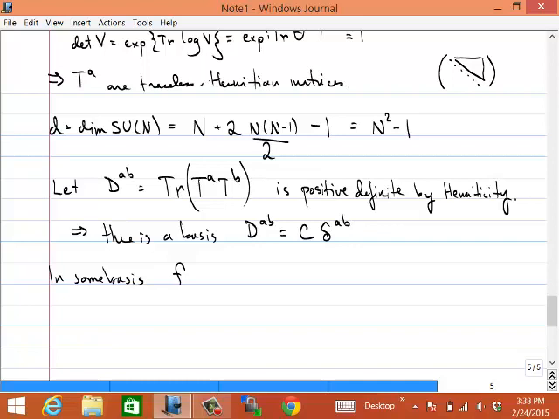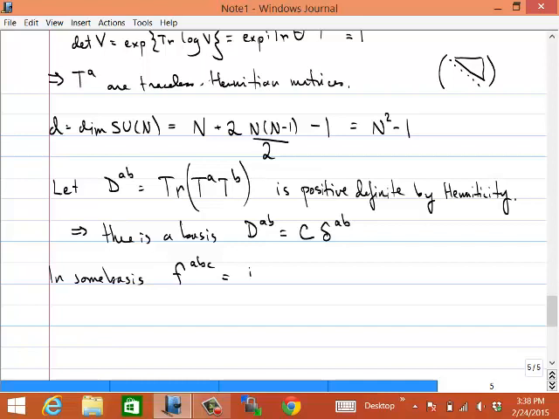I'm going to keep that C around because later on when I talk about the representations of the Lie algebra, it's going to be necessary to keep that value of C. But you can then, if you think about it, use this basis to write the structure constants.